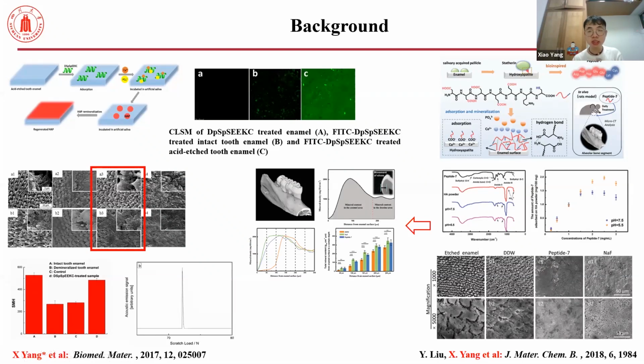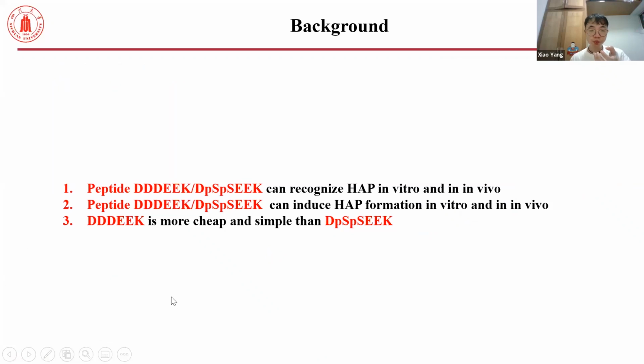We think this peptide is a very good material. These 2 peptides can recognize HAP in vitro and in vivo, and can induce HAP formation in vitro and in vivo.